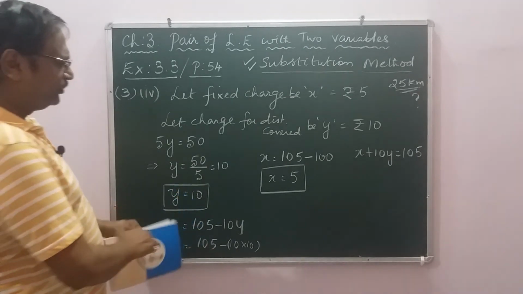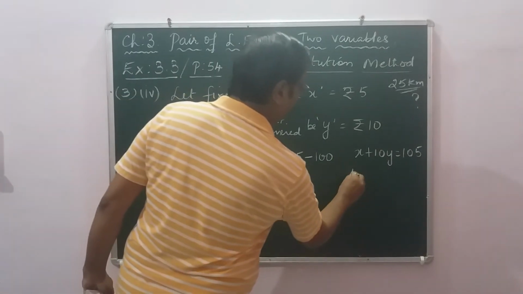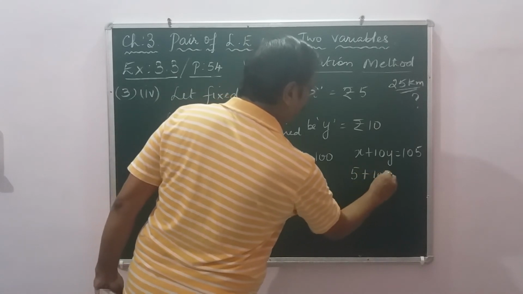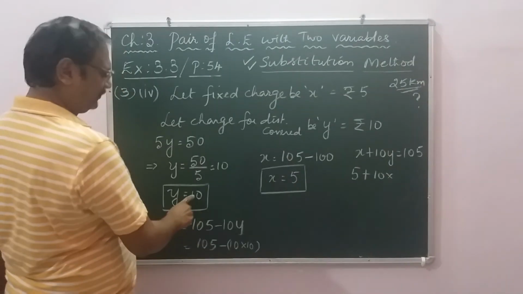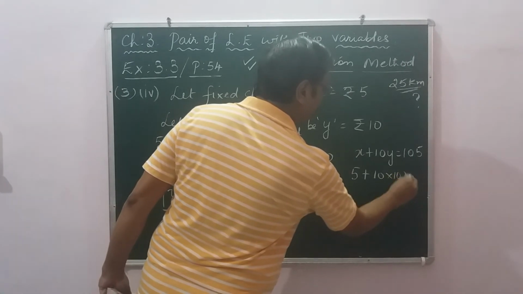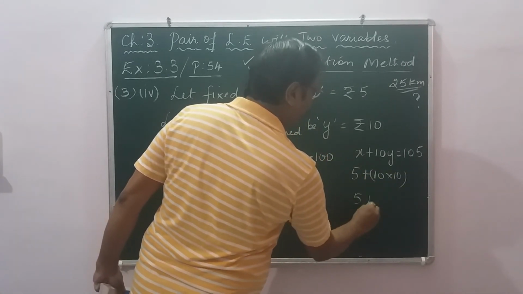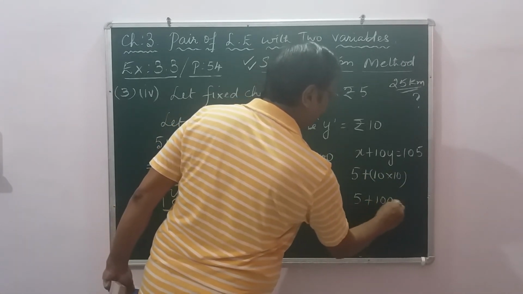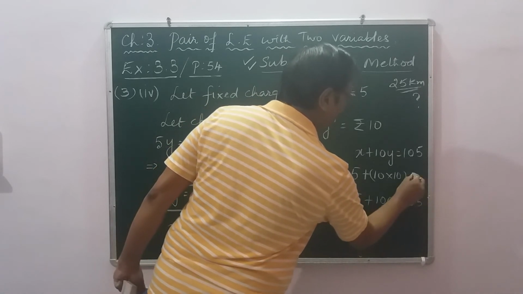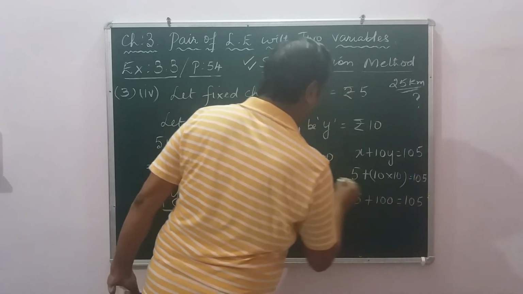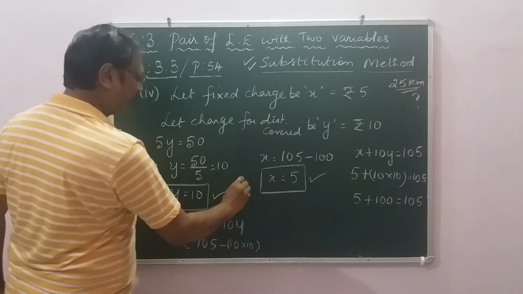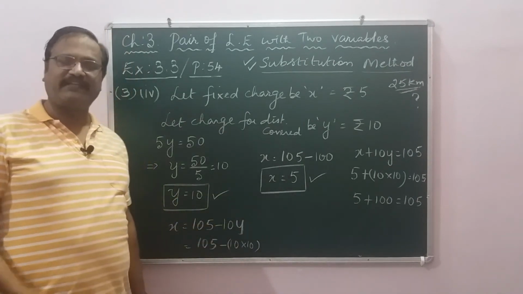Now what is x value? 5 plus what is y value? 10. Okay, put this in bracket. So 5 plus 10 tens are 100, which is equal to 105. So our x value and y value are absolutely correct.